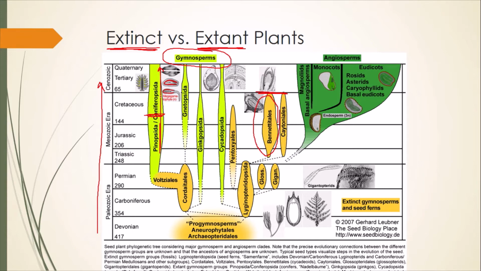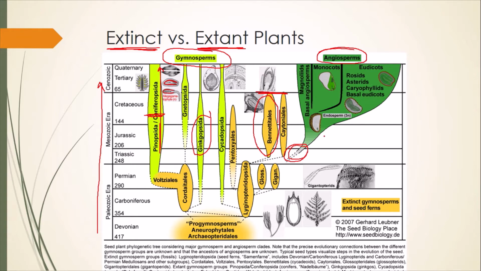Some species have gone extinct, but they've mostly continued along pretty well. Looks like the ginkgos have narrowed down quite a bit in recent years. But the opposite is true for the angiosperms over here in green, that did not exist. If you look way back in the fossil record, before a quarter billion years ago, you're not even going to see anything with flowers.